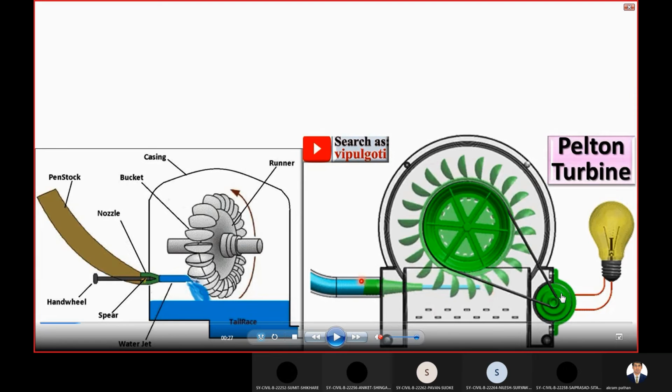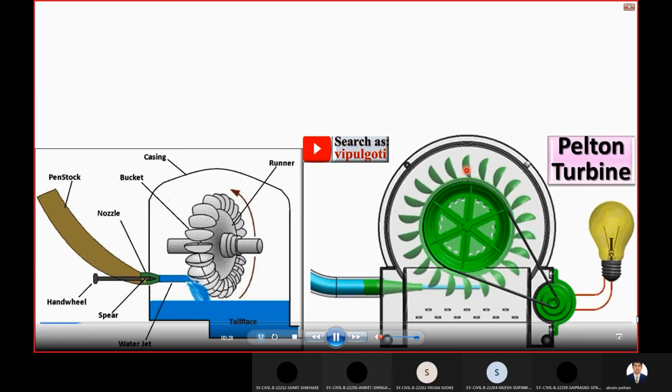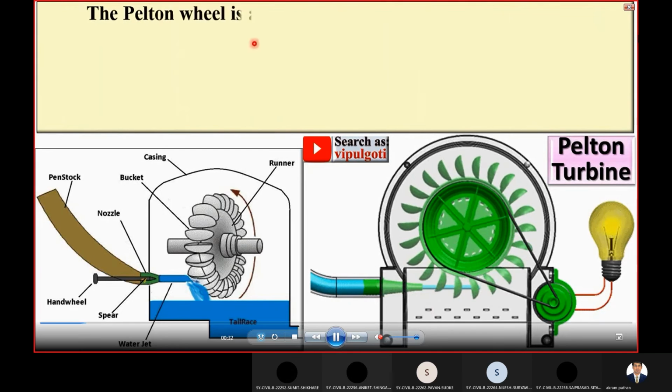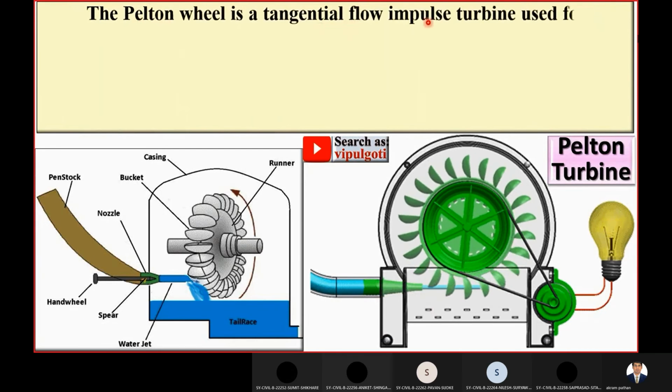Here the electricity is generated, and you can supply the electricity to any consumers. So this is how we can generate electricity.